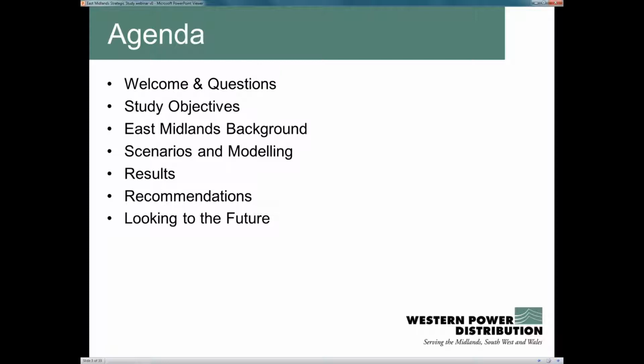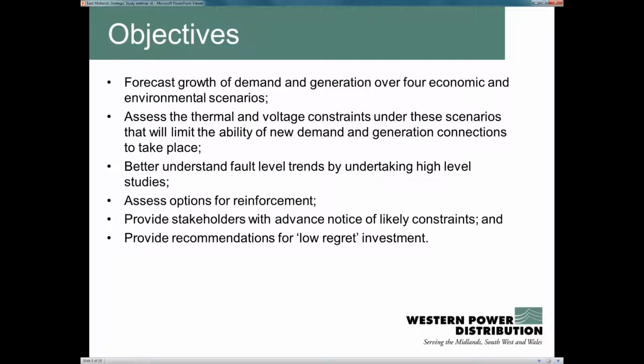And then finally, we'll have a little look to the future and see what Western Power Distribution is doing to address some of these issues, and looking at how we plan to change some of the business aspects to more adequately reflect the needs of our customers.